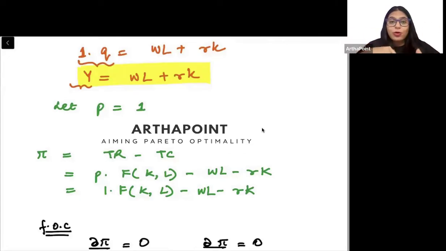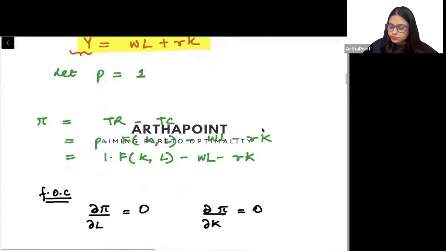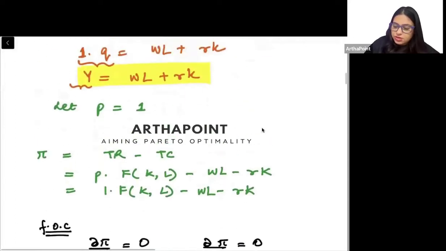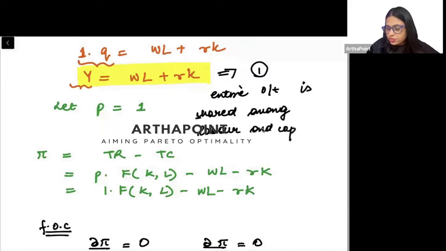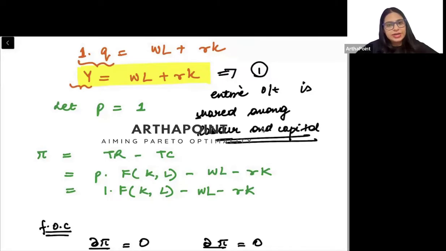No economic profit. Remember. So this is what we have got from here. ये मेरा equation number 1 हो गया, that entire output is shared among labor and capital. Entire output is shared among labor and capital.